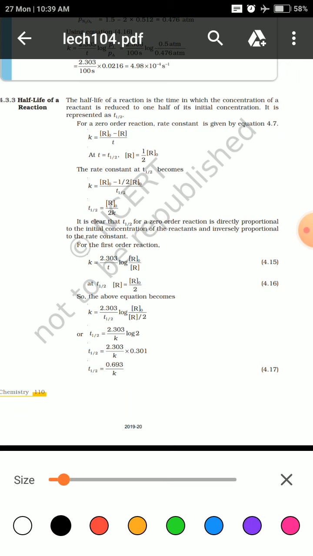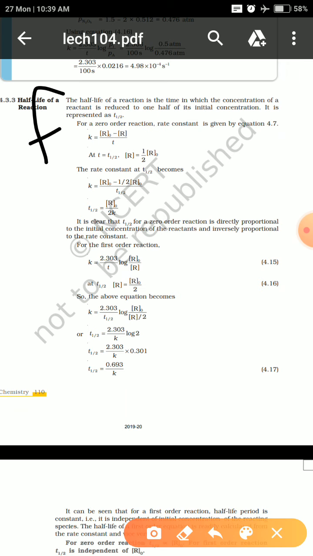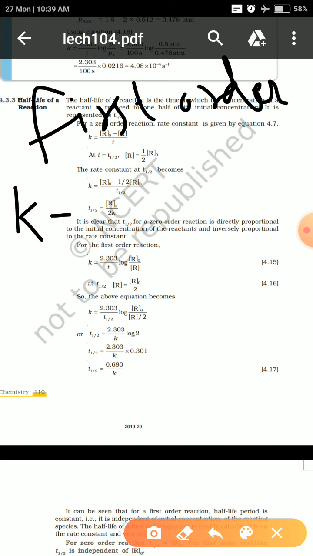Now if we consider the half-life of the first order, we know the integrated rate equation of the first order: K equals 2.303 divided by T, log R0 divided by R. That is the first order integrated rate equation, right?